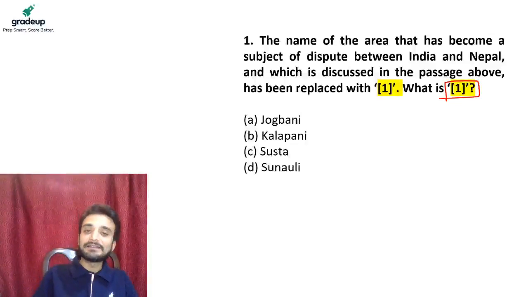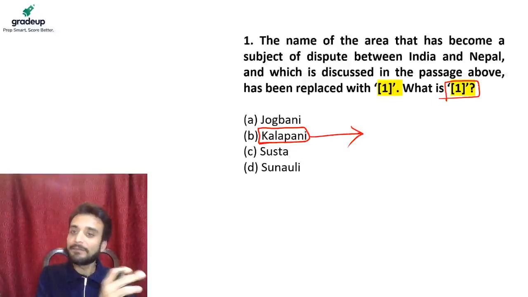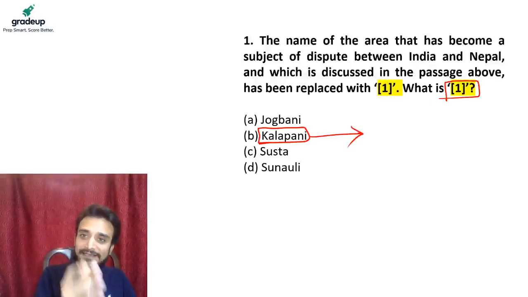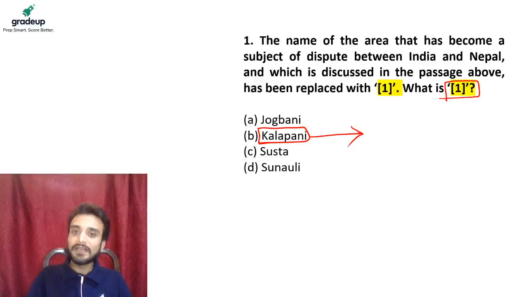The correct answer is Kalapani. The land is known as Kalapani area. This is a disputed land between India and Nepal. India says this land belongs to the state called Uttarakhand, whereas Nepal says it belongs to them.